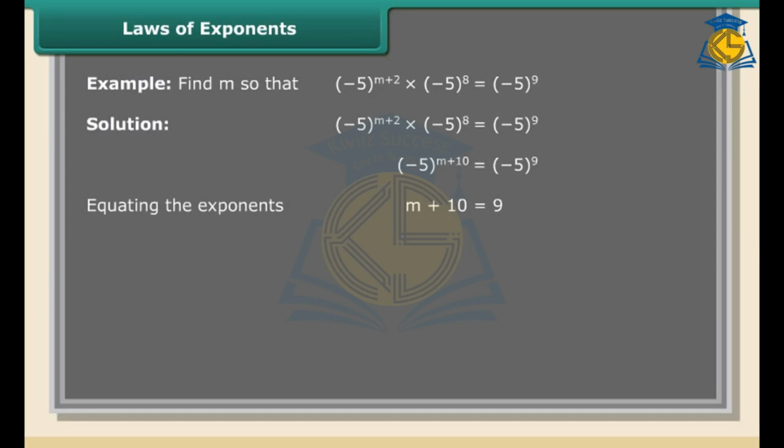Equating the exponents, m plus 10 is equal to 9. m is equal to 9 minus 10, which equals minus 1.